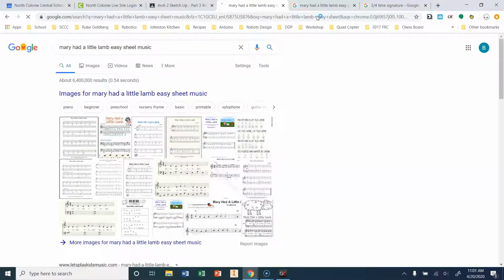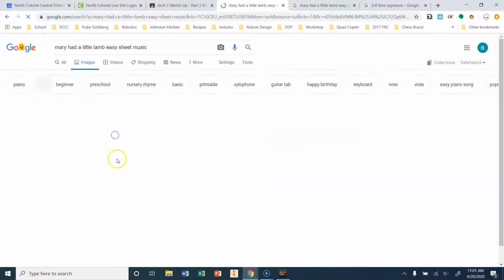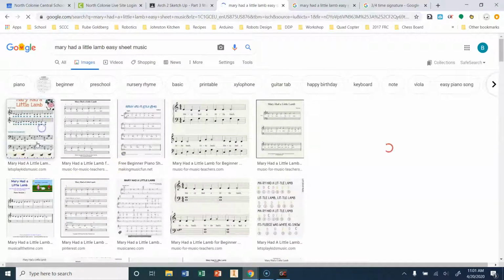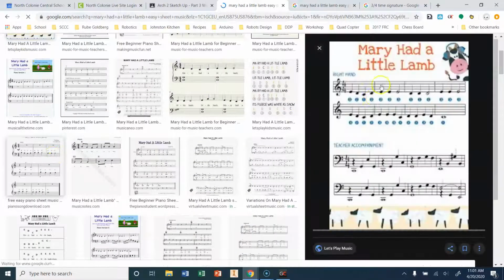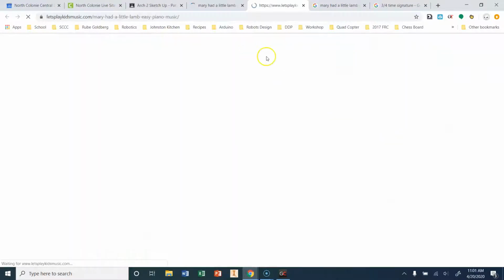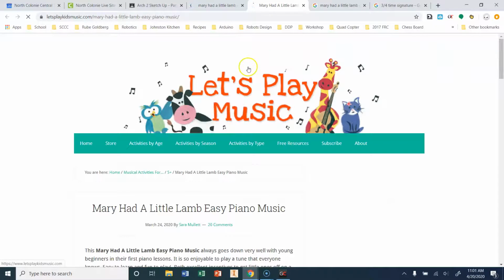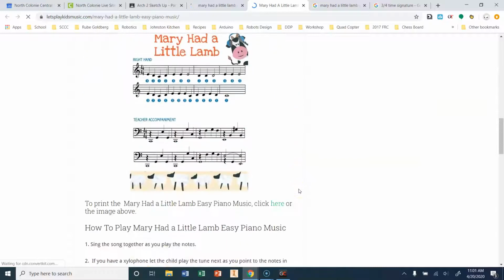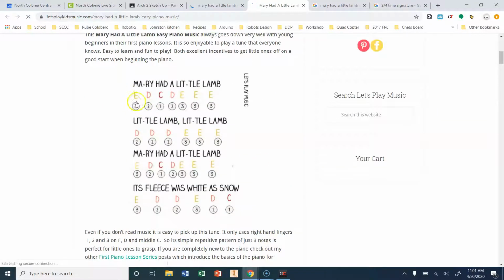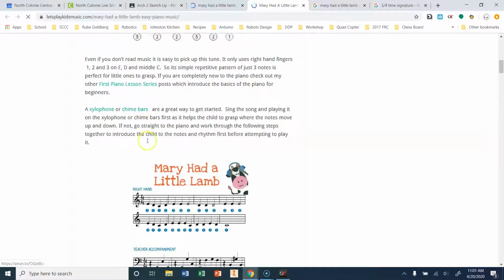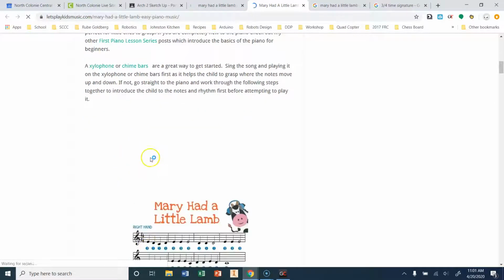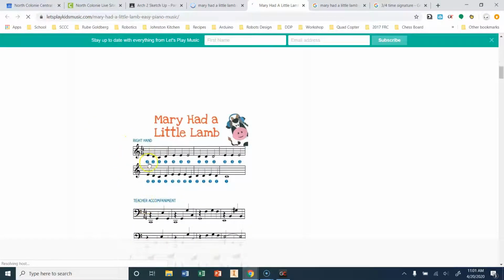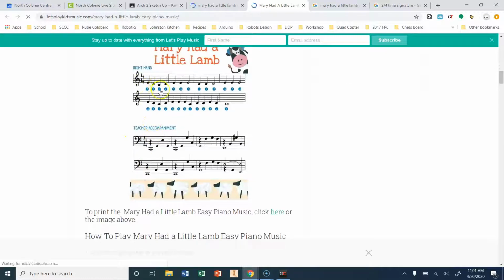Ideally, when we go looking for a song, especially for those of us who do not know how to read music, we want to find a song that has the notes and what each one is. So when I look at this here, we go through with Mary had a little lamb, little lamb, little lamb.